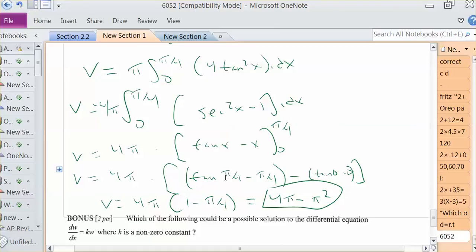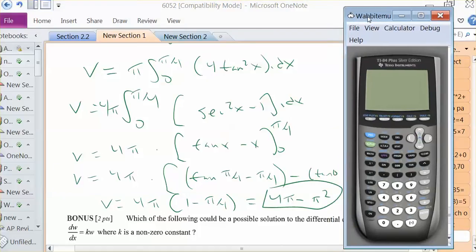Now you can use your calculator to confirm this. You get a decimal, but then you can plug in 4 pi minus pi squared to see if that decimal matches up. So let's turn it on.